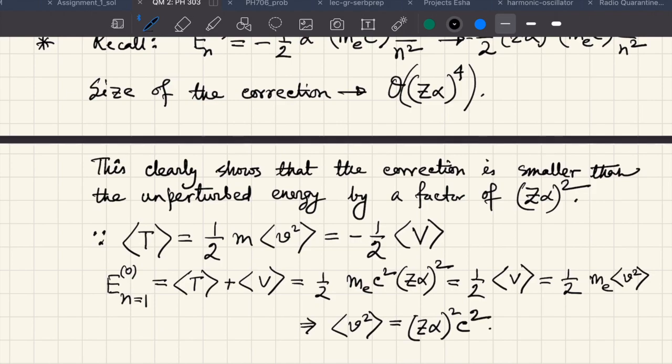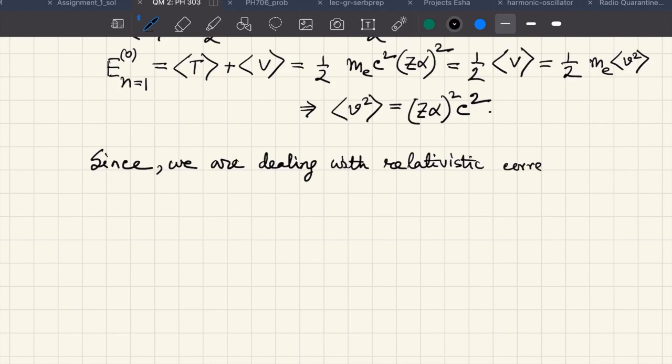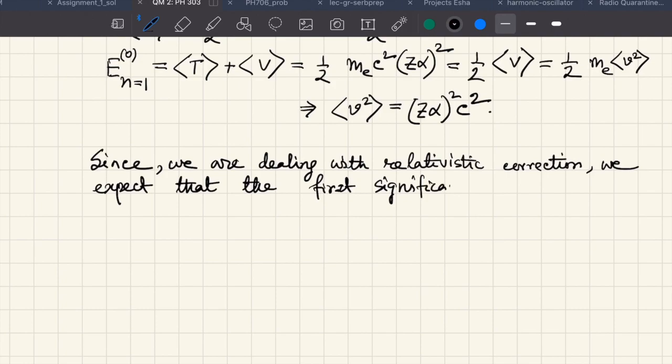Now since this is a relativistic correction, we expect that the first significant correction will be of order v square by c square, because that's generally the expansion parameter that people use, in terms of v square by c square, where v is the characteristic velocity of the electron.